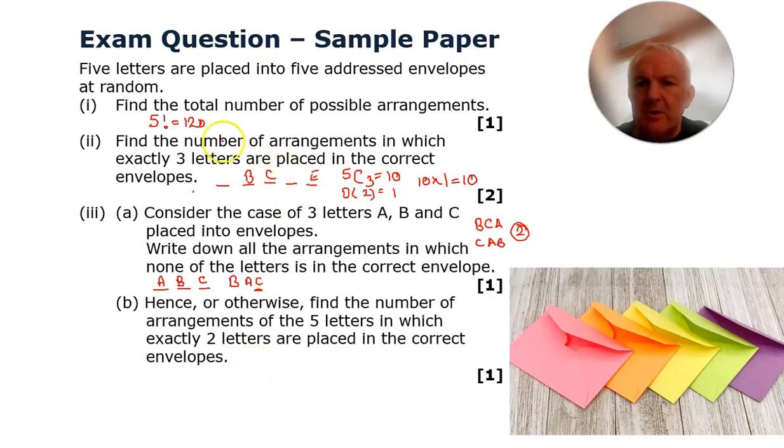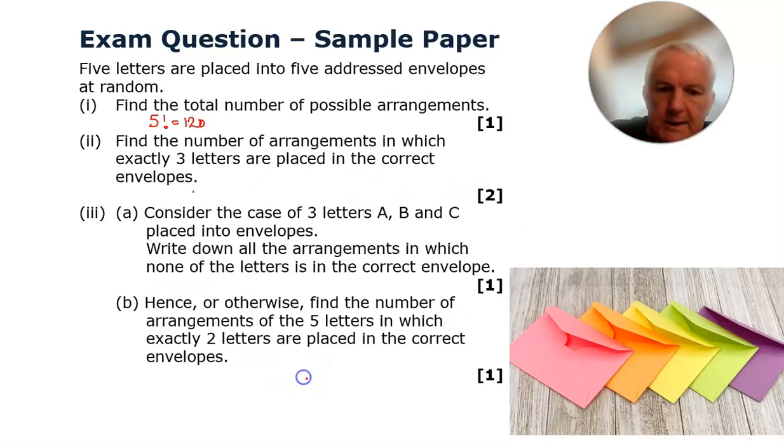All right, so this is similar to what we did before, I think. But now we've got 5. That was 5C3 because we had 3 correct. So now I think I'm going to do 5C2. And 5C2 is 10. But that leaves 3 which are wrong. And they've got to be wrong. So really, I suppose we're saying, what's D3? And D3, I suppose I should go back and check.